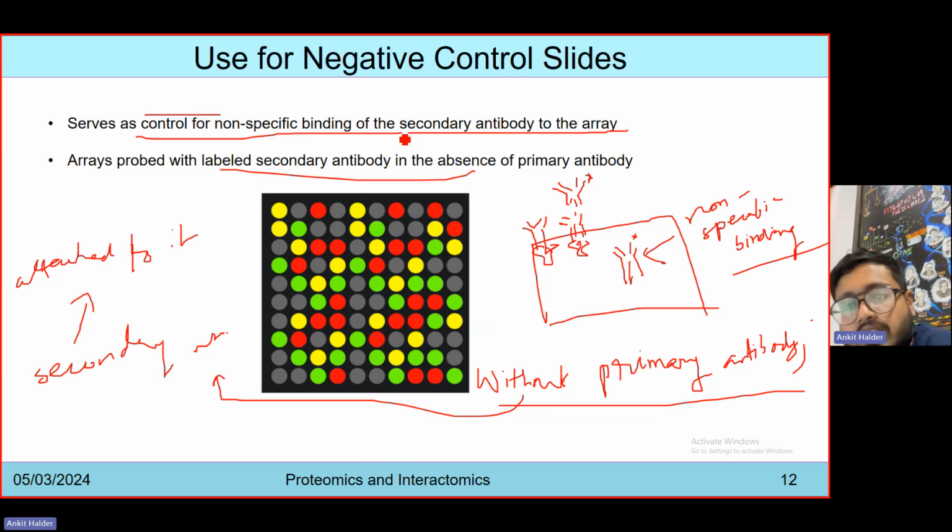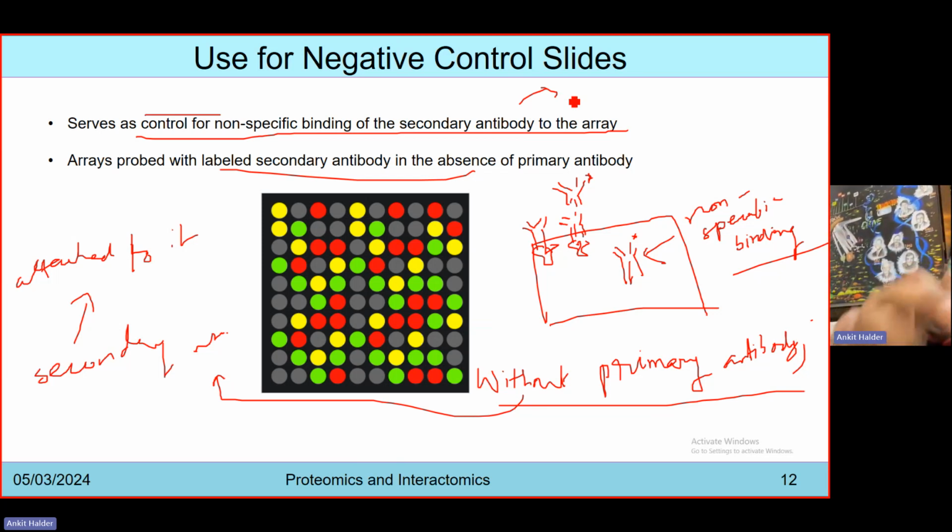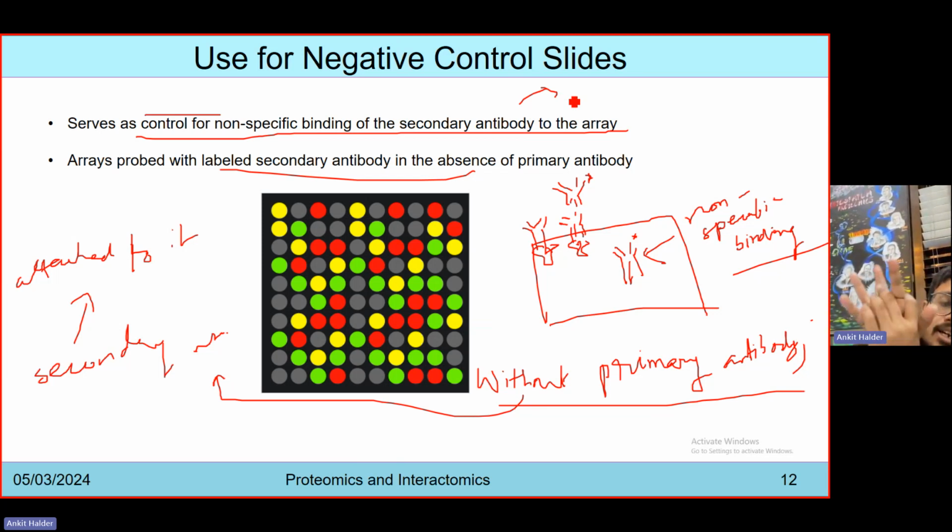But wherever we get these particular signals, we will subtract that value from our original experimental slides so that we can normalize it, which will lead us not to have inconsistent data, nor incorrect or inaccurate data.